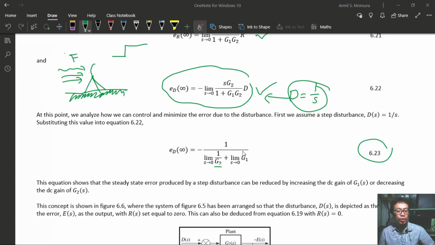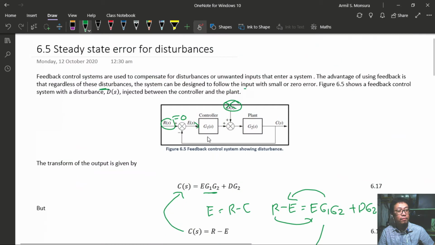Okay, so ito is the DC gain of G1, okay, of your controller. Okay, bali siya, ito siya, and ito siya.